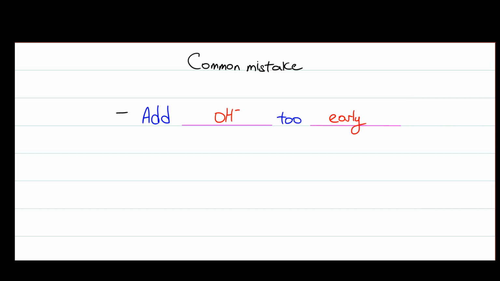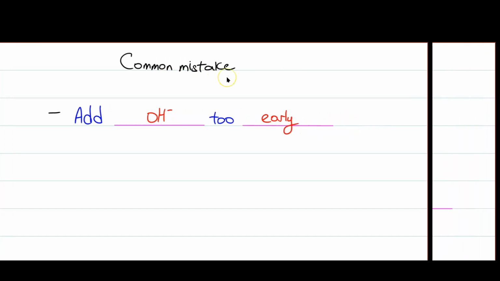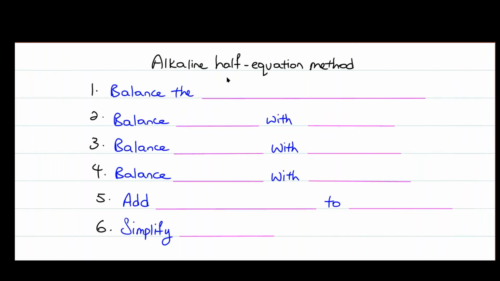The cleaner method is always the same. Balance it as though it were acidic first, then convert to alkaline at the end. So here is the full method one more time. Balance the atom whose oxidation state changes.